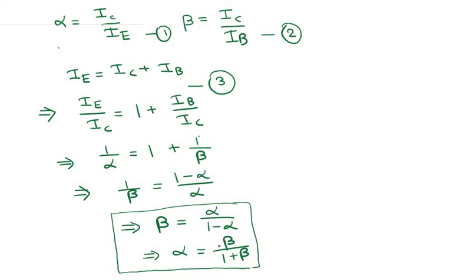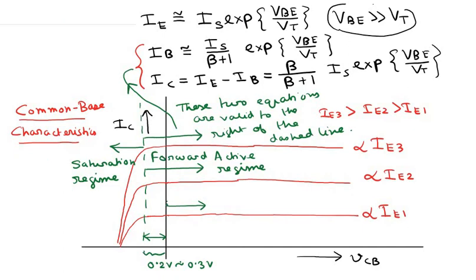So we see that this beta divided by 1 plus beta, this component in the previous day's equation, that is this equation here, is originally alpha. We have just derived that beta divided by 1 plus beta is alpha.